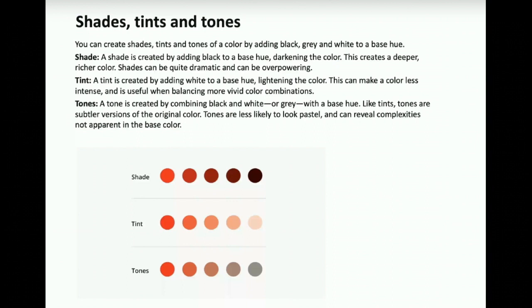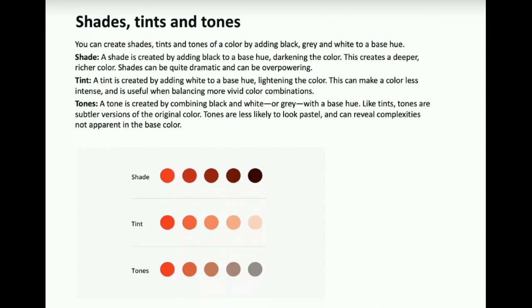Now, for shade, you basically take a particular type of color and you begin to darken it, you begin to add black to it. Let's say for instance, I pick the color green and I want to get another shade, but I really don't want to waste my time.